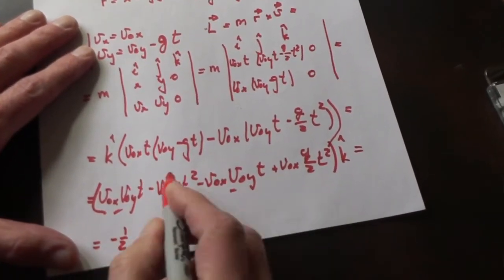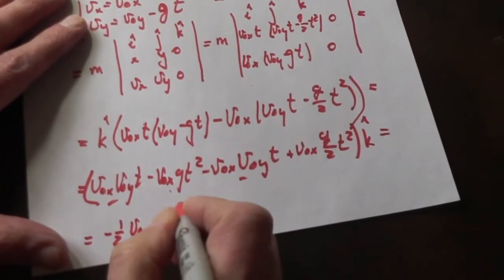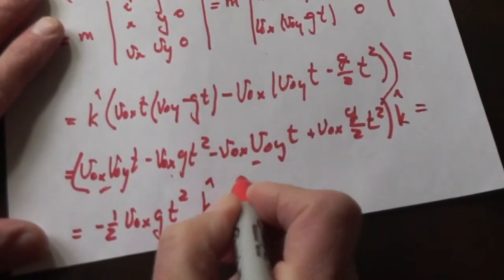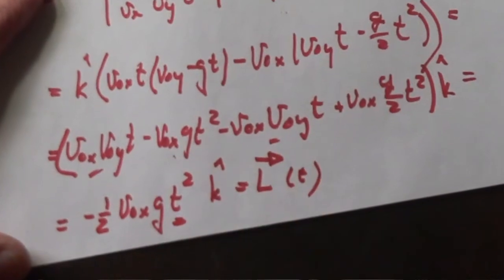This leaves us with an angular momentum equal to minus 1/2 m v0x g t squared k hat, which is clearly not constant as it depends on time.